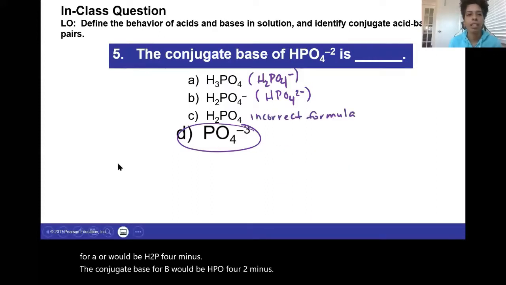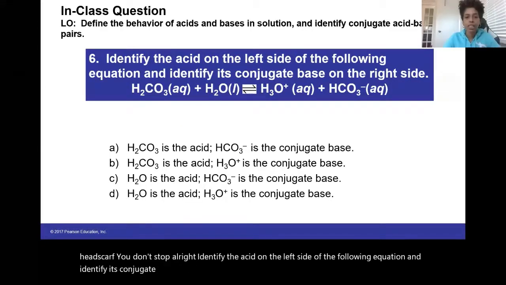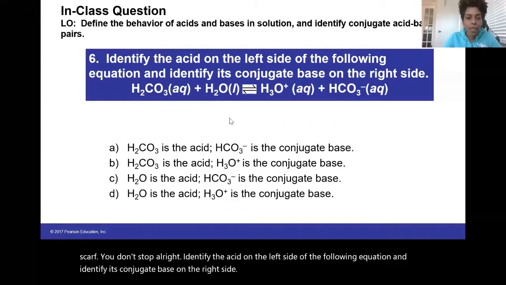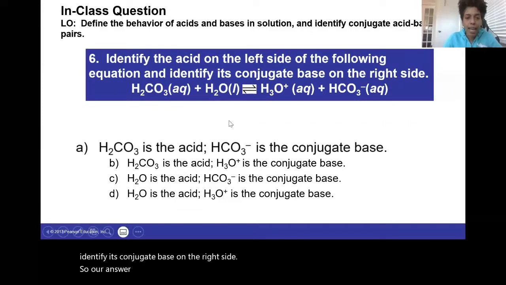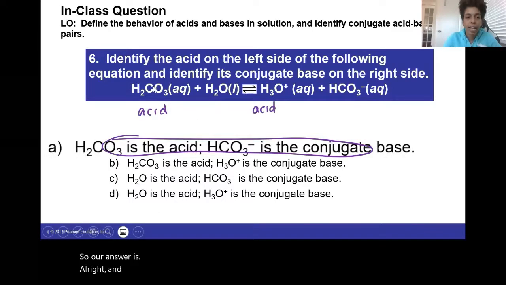And C has an incorrect formula. All right, next question. So our answer is A. And we got our two acids and our two bases.